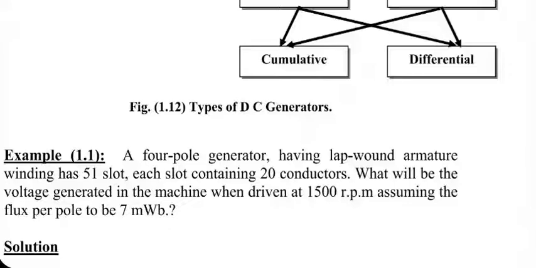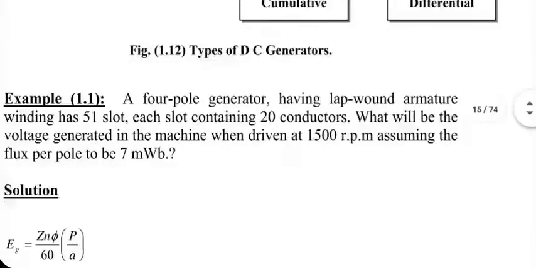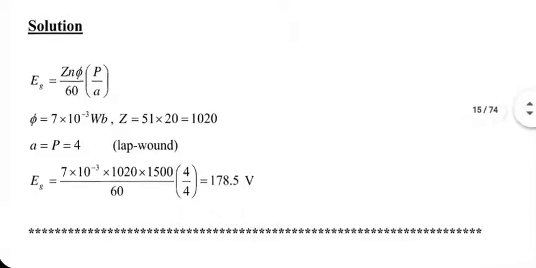Phi is the flux per pole, which is 7 into 10 to the power minus 3 Weber. Z is the total number of conductors, which is 51 multiplied by 20. N is the RPM, which is 1500. P is 4. A is equal to P because it's a lap wound connection. So you can plug in all the values. That's what he has done.